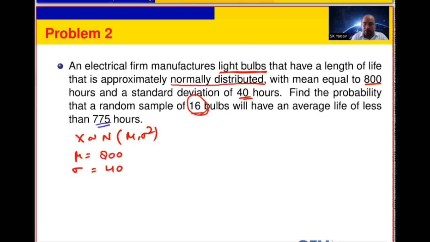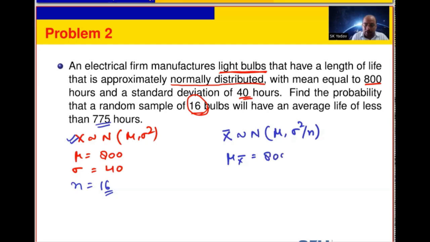So here n is equal to 16, which is small, but because the population is normal, there is no problem. The sample mean x bar will be normally distributed with mean mu and variance sigma square by n. So now let us compute mu of x bar, which is the same as the population mean.